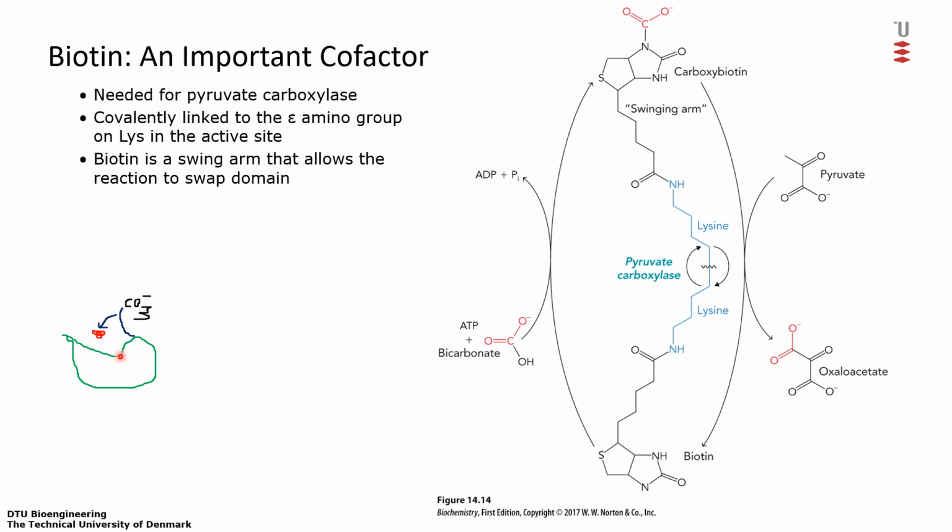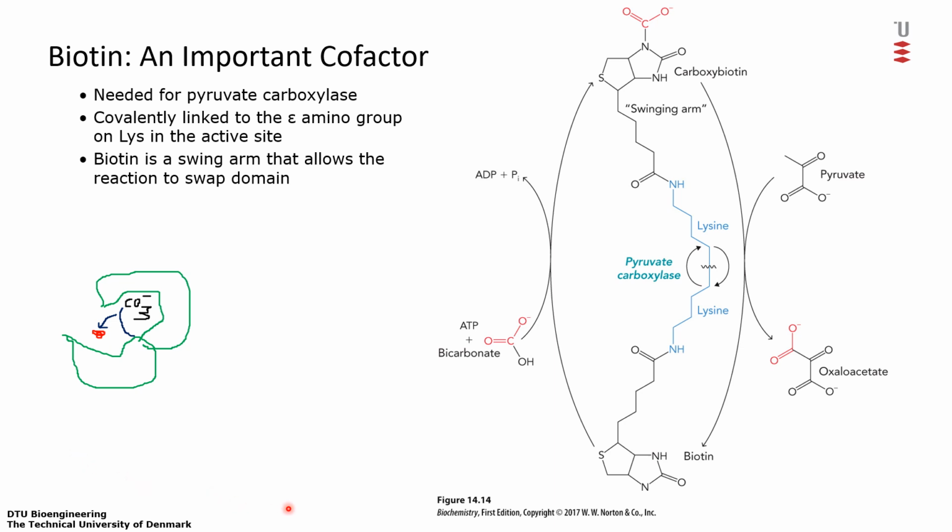So that's how one has to imagine the swing arm. One thing that is missing in this drawing is that usually the enzyme in this situation actually goes around here. So there's another domain of the enzyme up here where we will have the binding of the bicarbonate to the swing arm.